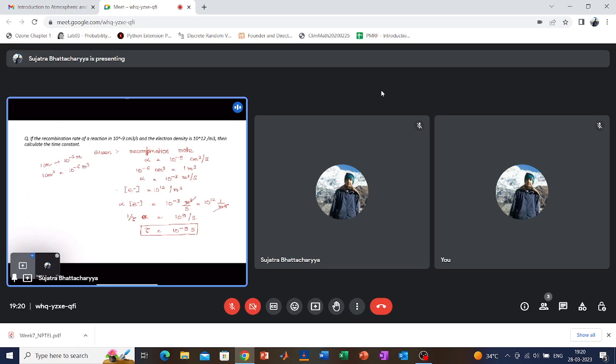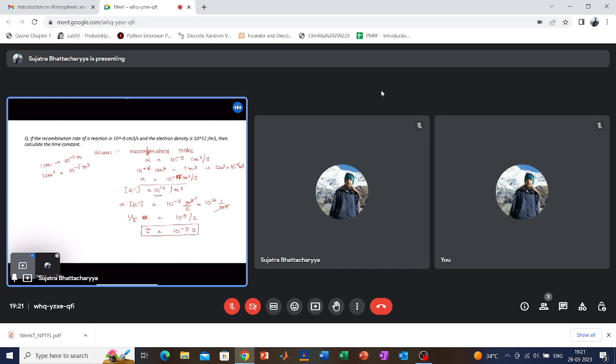Therefore, I have written something wrong here. 1 centimeter cube is 10 to the power minus 6 meter cube, right? Because this is the smaller unit. So alpha is 10 to the power minus 15.